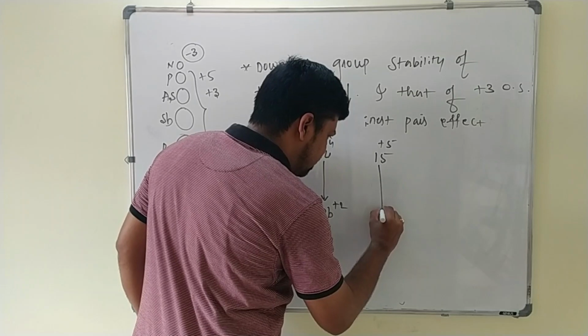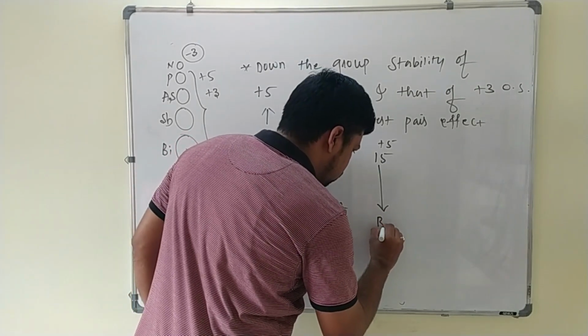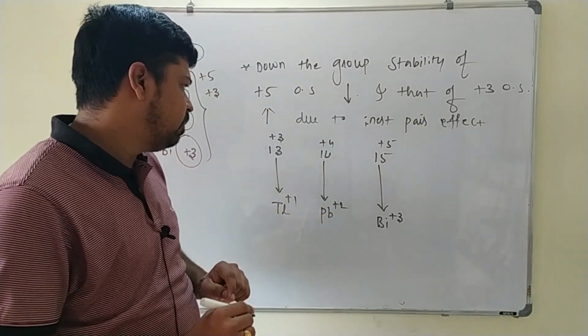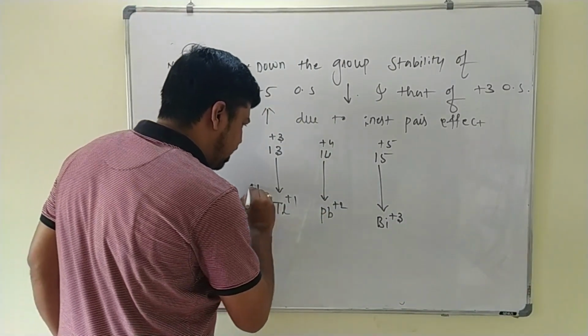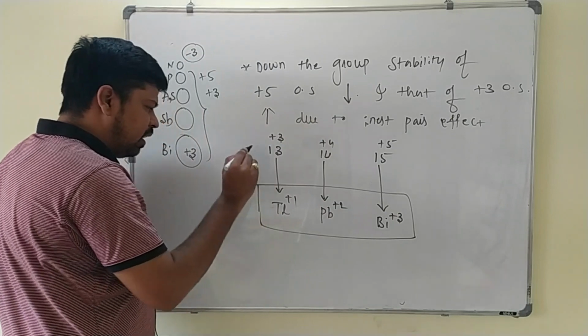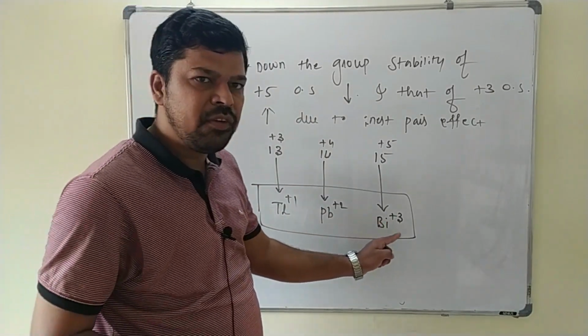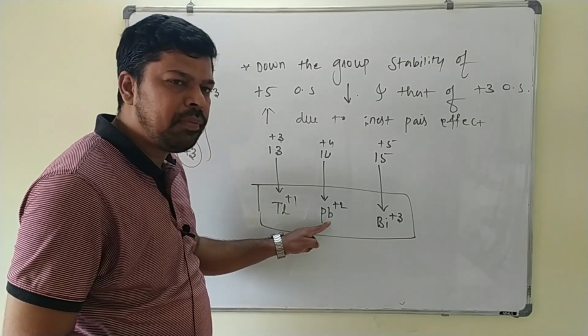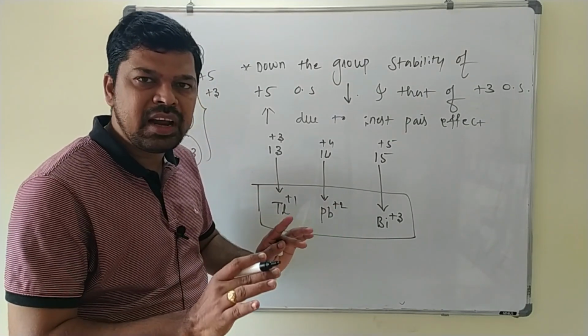Similarly, as we have discussed here, bismuth shows +3 oxidation state instead of +5. So this inert pair effect is more pronounced in groups 13, 14 and 15. In these 3 elements, thallium +1, lead +2 and bismuth +3 are stable here.